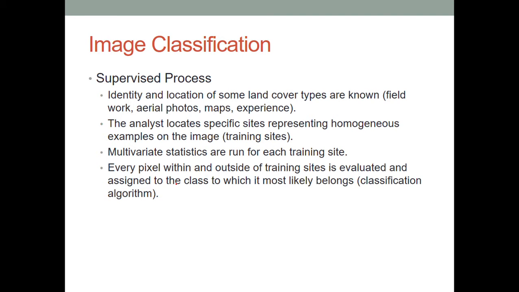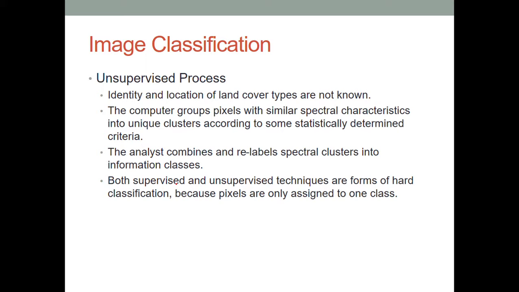Okay, and after that the computer will run multivariate statistics for every training site, and each pixel within and outside of the training site is evaluated and assigned to the class to which it most likely belongs. In this process, different classification algorithms will be used. However, for unsupervised, the identification and location of land cover is not known because there's no user intervention.